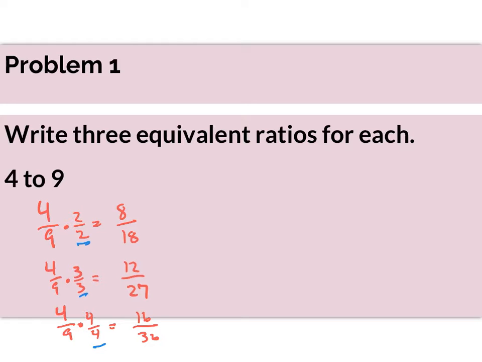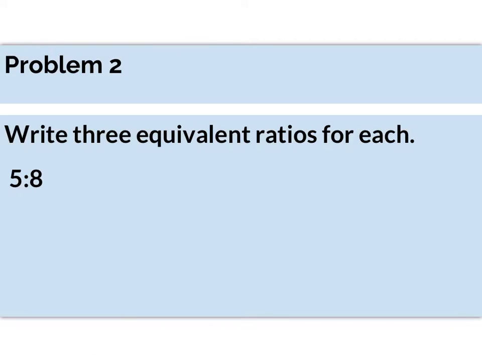Likewise, 4 divided by 9 and 12 divided by 27, or 16 divided by 36, give you the same decimal. So these are called equivalent ratios and equivalent fractions.